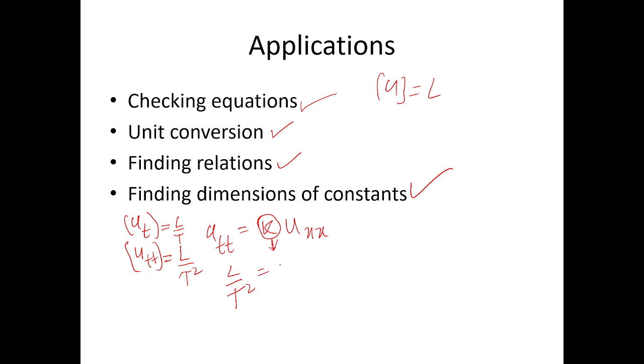On the right side there is a k, and we have to find the dimension of u_xx. u_x means partial u partial x, so the dimension of this is 1, since both are length. And u_xx has dimension 1 over L, so you have to put 1 over L here.